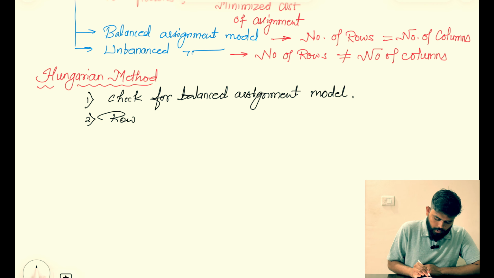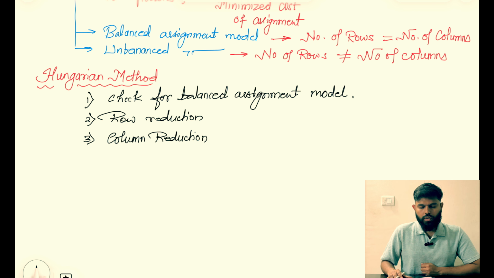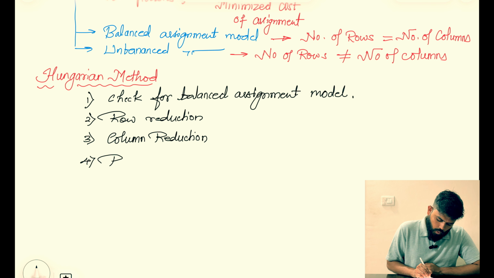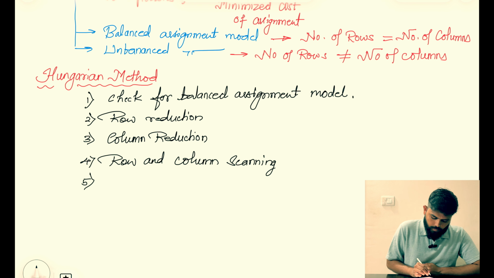The next important step is row reduction, which is followed by the third step, that is column reduction. Once the row reduction and column reduction are finished, we can go for row and column scanning. Once the scanning is done, we can check the condition for assignment.